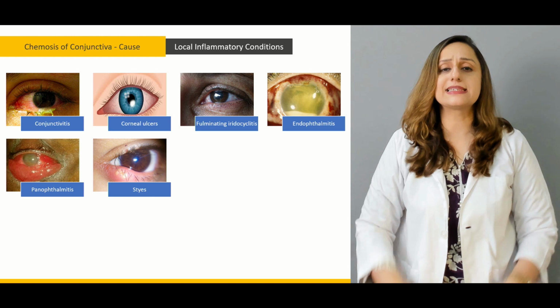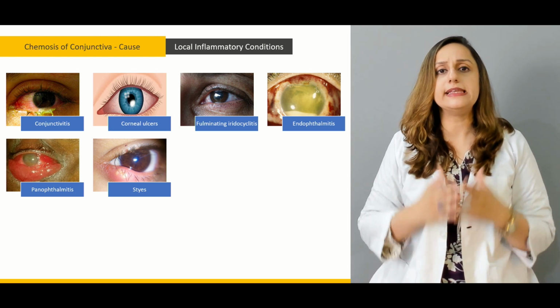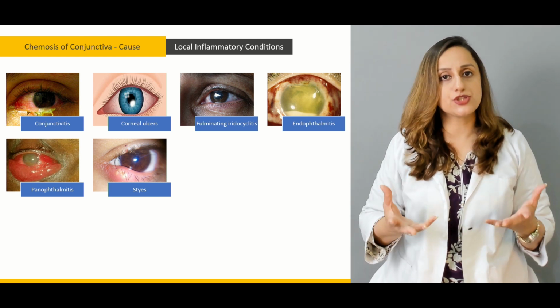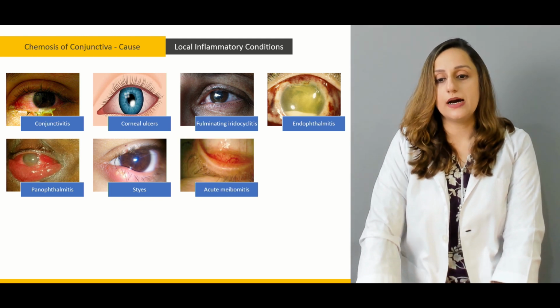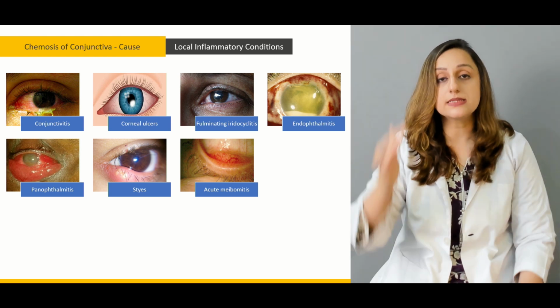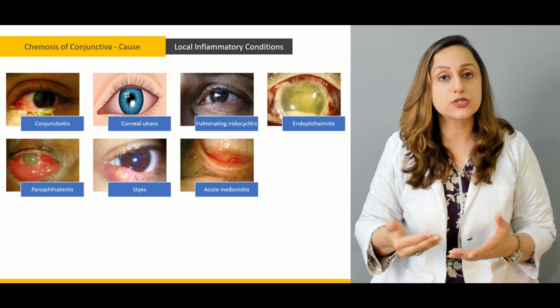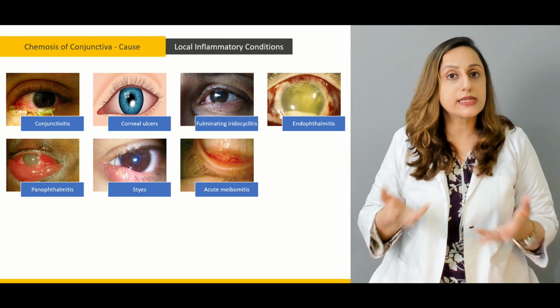Then obviously styes, chalazions, blepharitis, all of the lid infections can also relate to the conjunctival inflammation or conjunctival edematous conditions in an individual. Finally, we have acute meibomitis. Meibomitis is basically the infection of the meibomian glands. So it can be the glands of Zeis, it can be the meibomian glands.